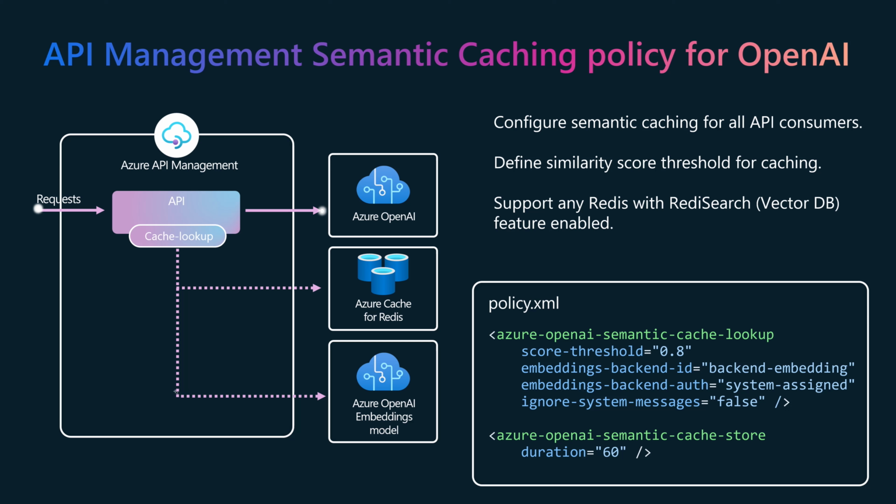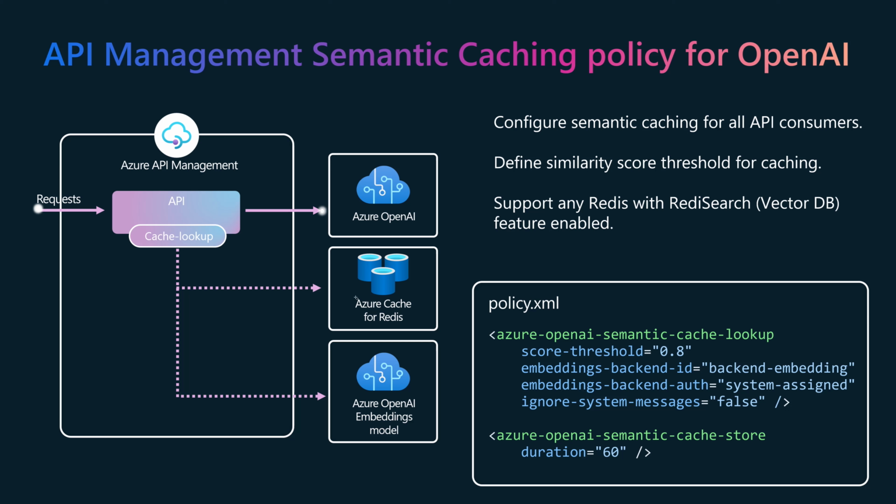The embedding model will generate a vector, and we then compare that prompt vector to the vectors that already exist in the Redis Cache database. If we find one, we take the response from that object and return it to the user without invoking the Azure OpenAI model. And if the response is not available, in that case we invoke the LLM model.